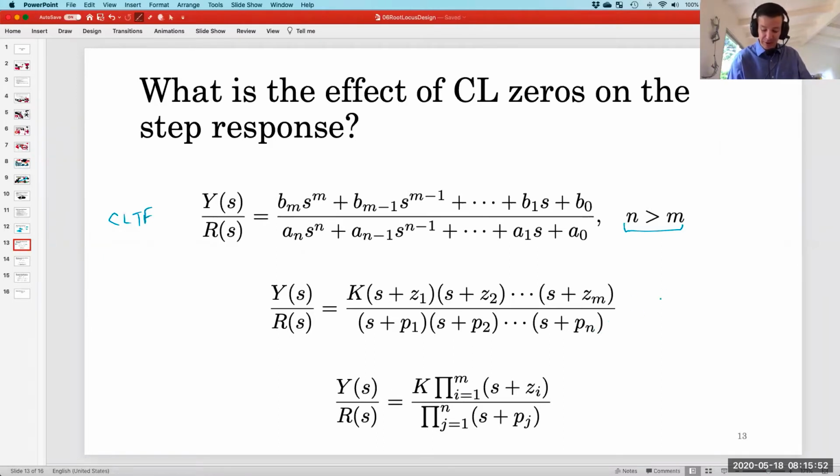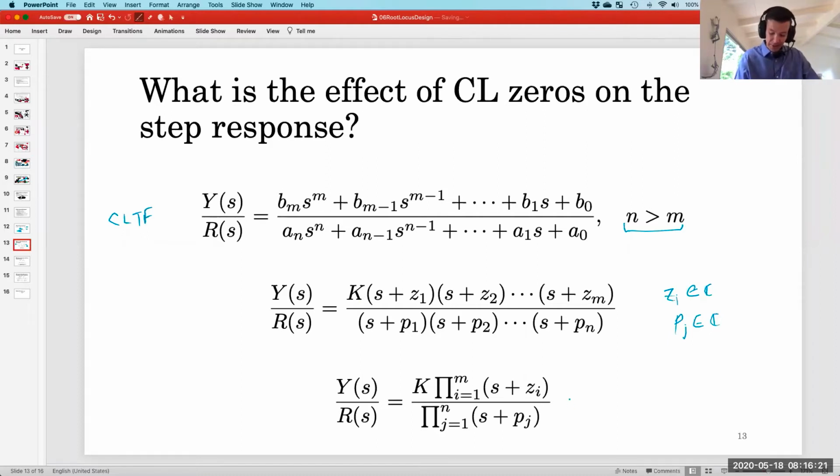Now, just so you know, each of these, so z_i, could be complex, just like p_j could be complex. So I'm not claiming that I can always factor them into real roots, but I can always factor them into at least complex roots. And then we're also normalizing by the leading coefficient out here. So I think we're dividing out by k would be b_m over a_n or something like that.